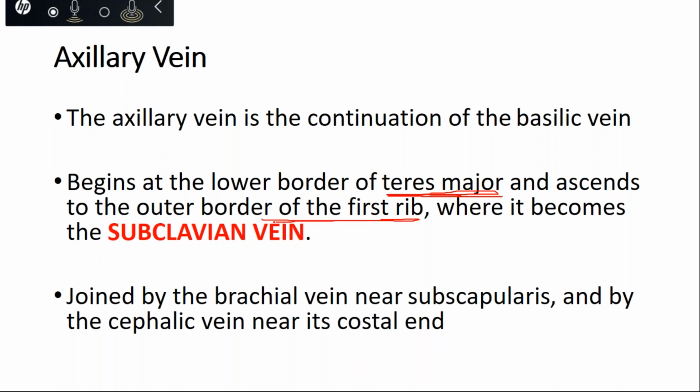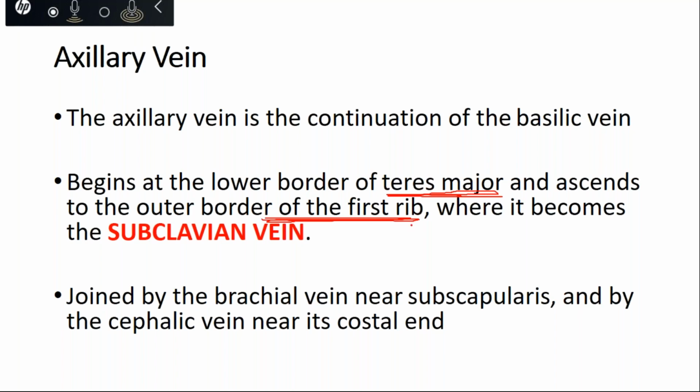It is the same vein as the basilic vein beyond the teres major, called the axillary vein, until the outer border of the first rib.